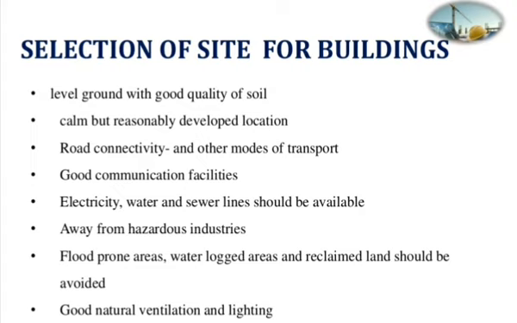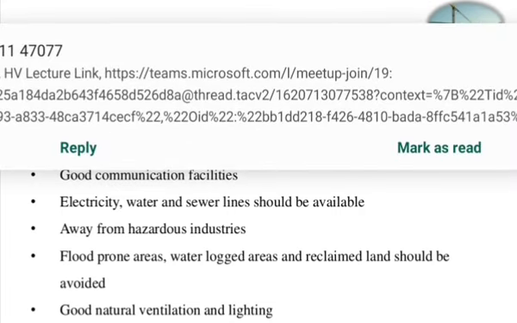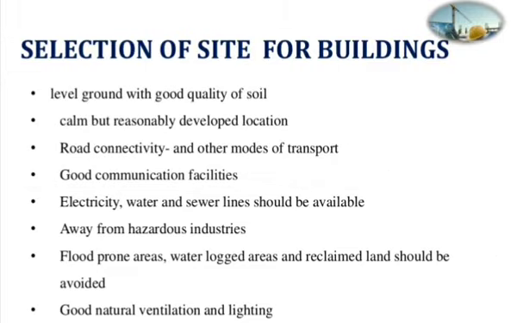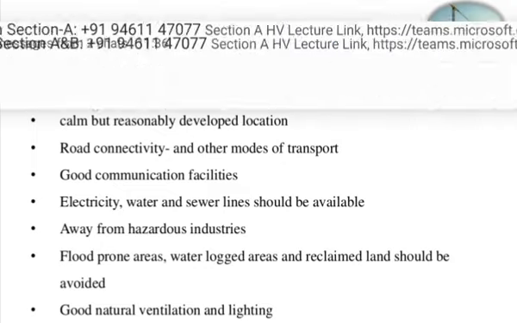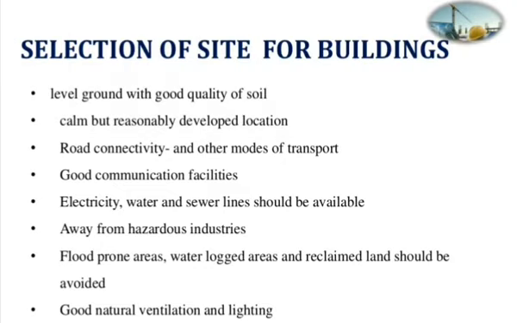And the next point is away from hazardous industries. Sorry, the site should be away from manufacturing or industrial areas, because some industries may use radioactive elements or harsh chemicals like fertilizers, and there is the fly ash problem.